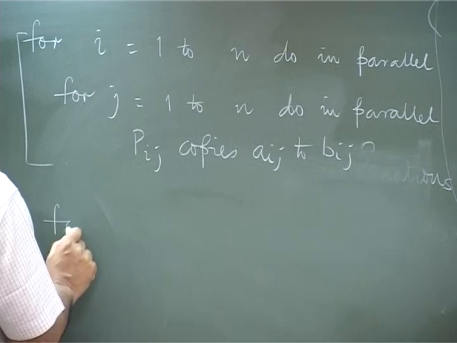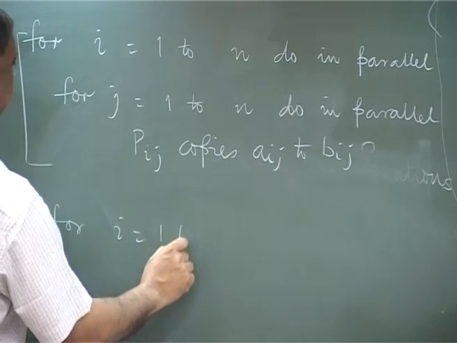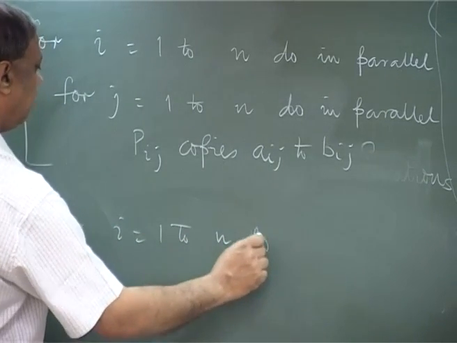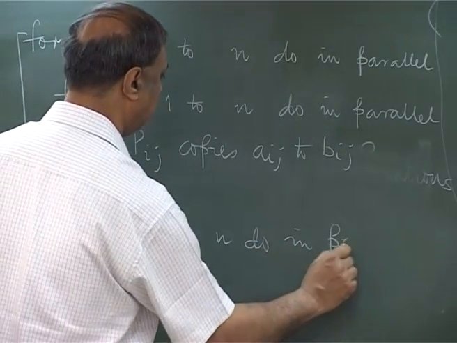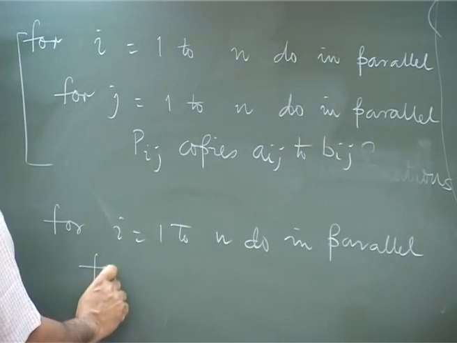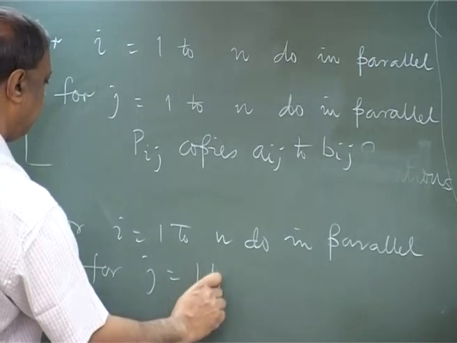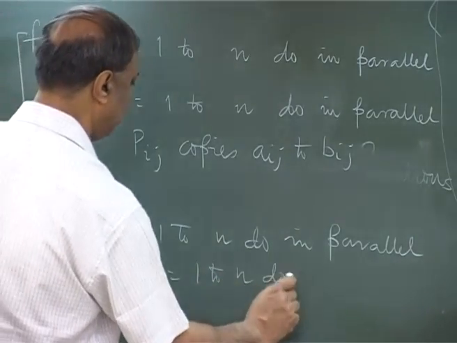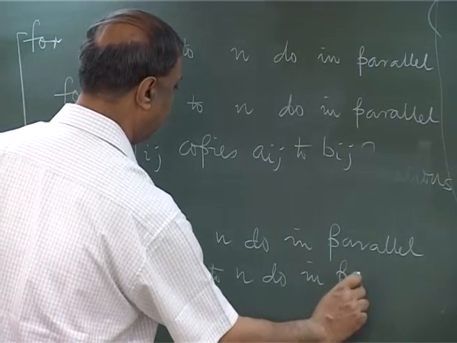Second job is for i equals 1 to n, do in parallel, for j equals 1 to n, do in parallel.